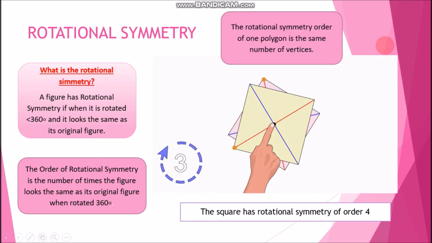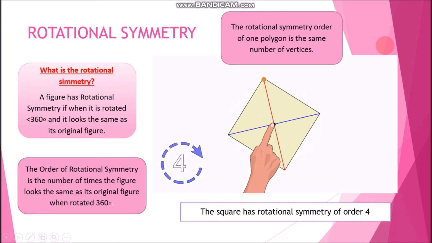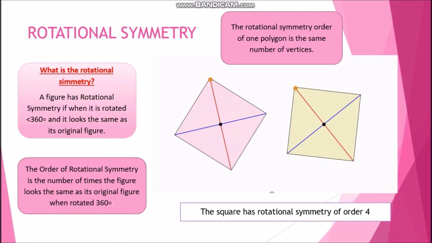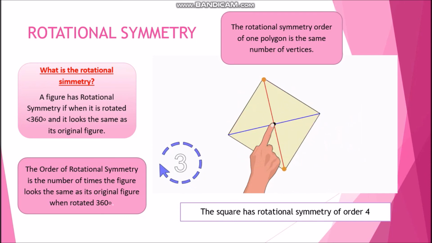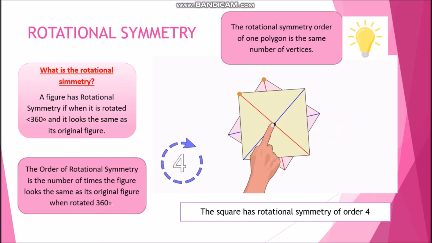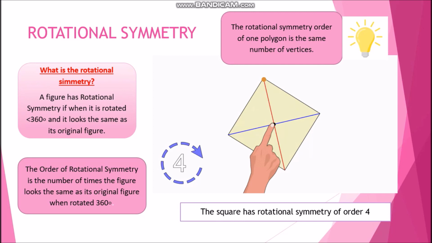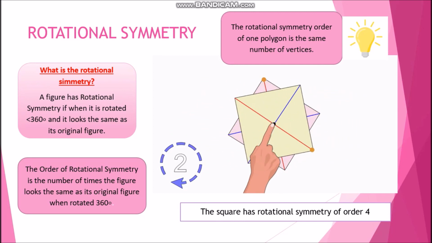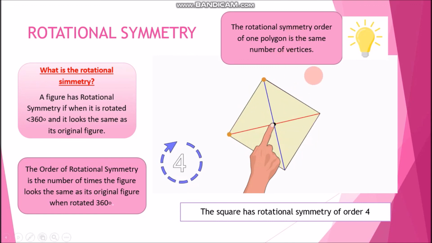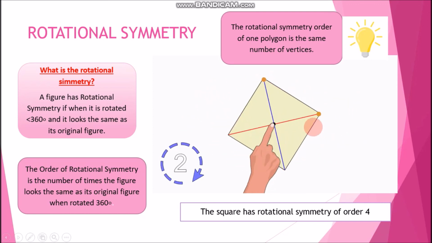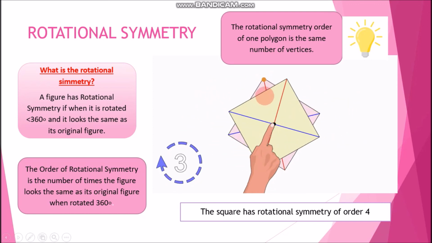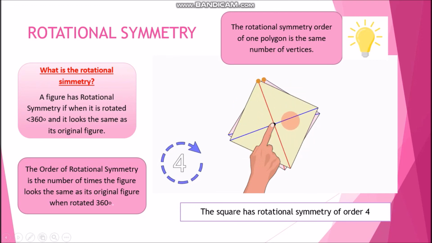Entonces, por ejemplo, remember, the rotational symmetry order of one polygon is the same number of vertices. Aquí también tenemos otro tip para que lo tengamos muy en cuenta. El orden de rotación de un polígono es el mismo número de vértices. Es decir, yo puedo mover mi figura sobre el mismo vértice y va a conservar la misma figura.